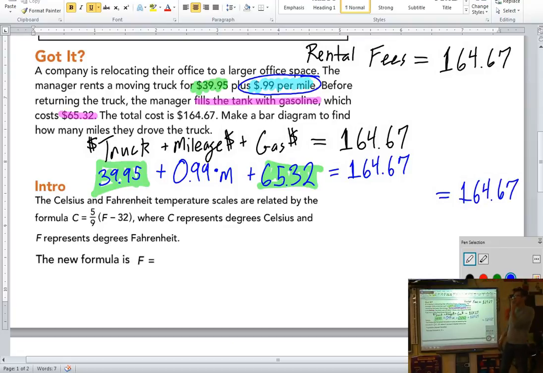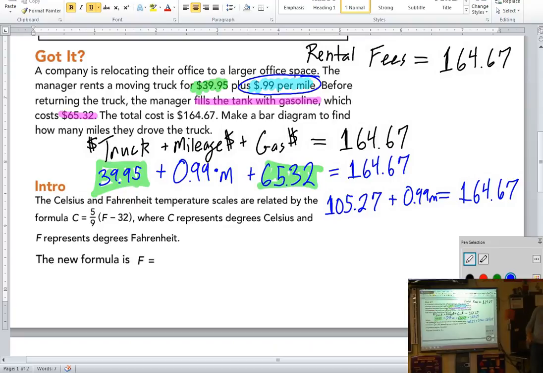So we do that, we get 105.27. Now again, be careful.